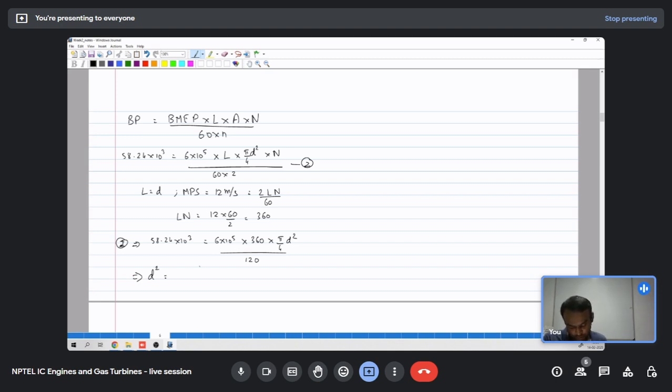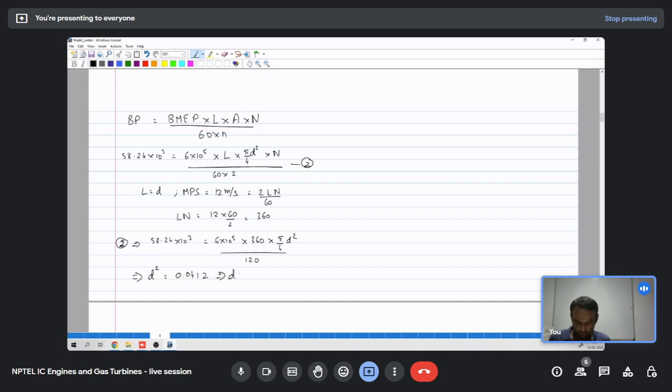I would write d square first. D square is 0.0412.